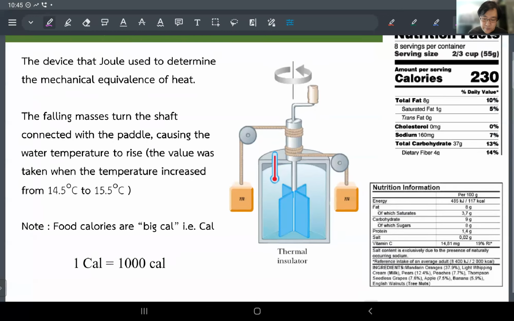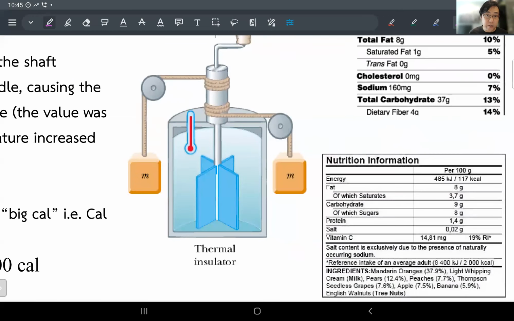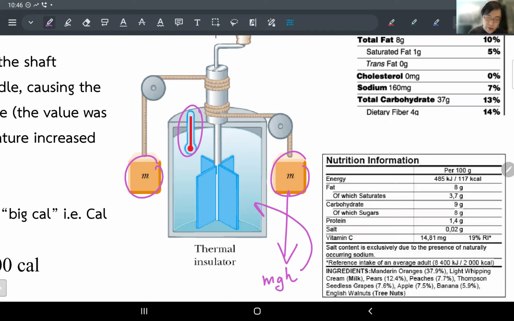But from this simple diagram, you can see this is the experiment by Joule. He can drop a mass, or actually two masses, down, and there is a linkage to a paddle inside a tank of water. He measured the change in the temperature of the water, and he showed from these experiments that he can convert the gravitational potential energy, the mgh, into a rise in the temperature of the water.